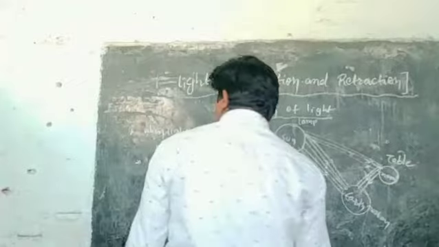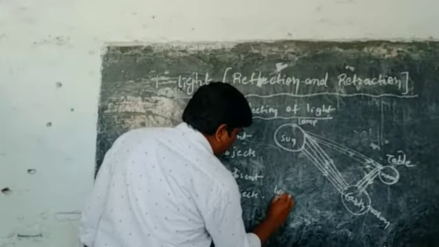Okay. And here we try to write what luminous objects are. I erase this diagram and write the definition of luminous and non-luminous objects.